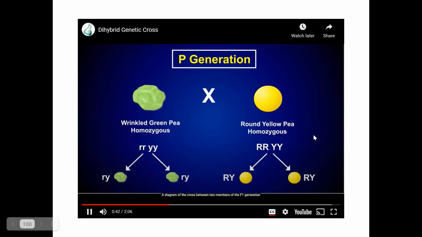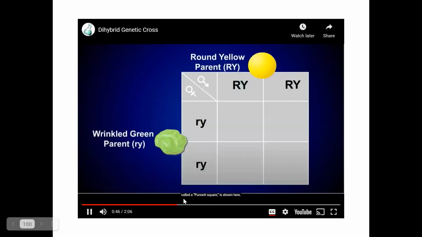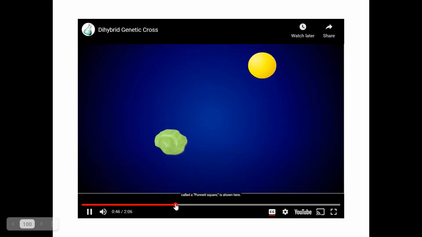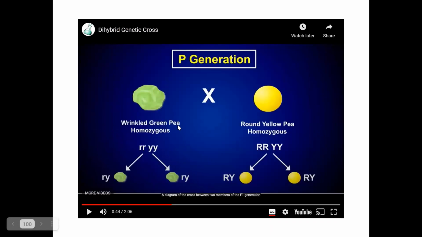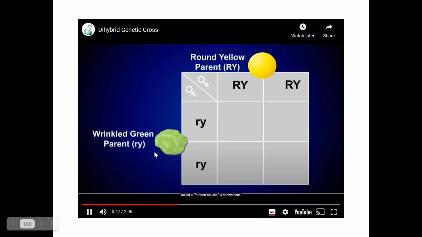A diagram of the cross between two members of the F1 generation, called a Punnett square, is shown. As we can see here, we've got the green wrinkled, homozygous recessive, and the homozygous dominant, so either the green wrinkled or the yellow round peas. This is going to look at the F1 generation.